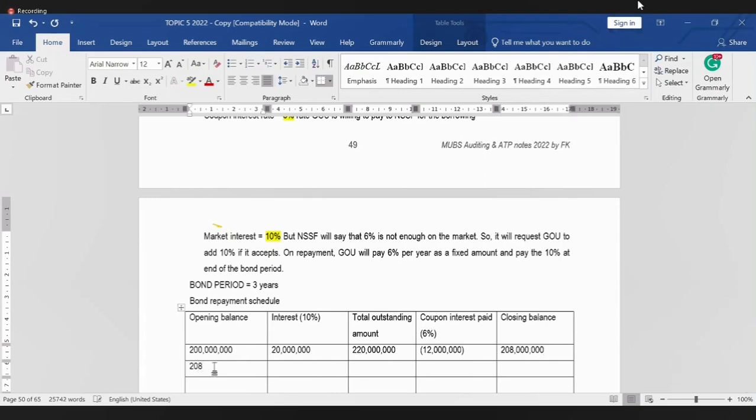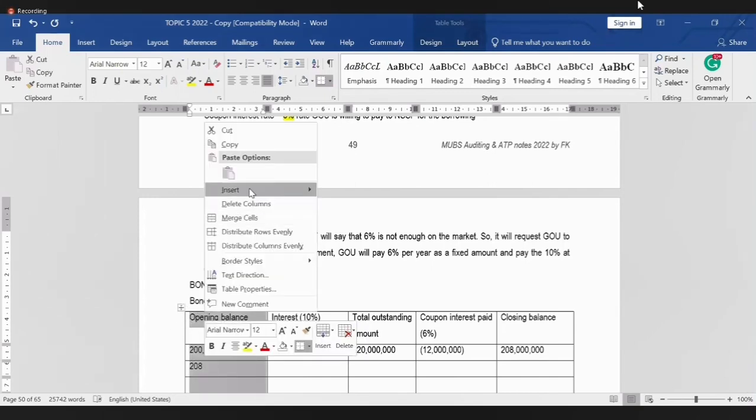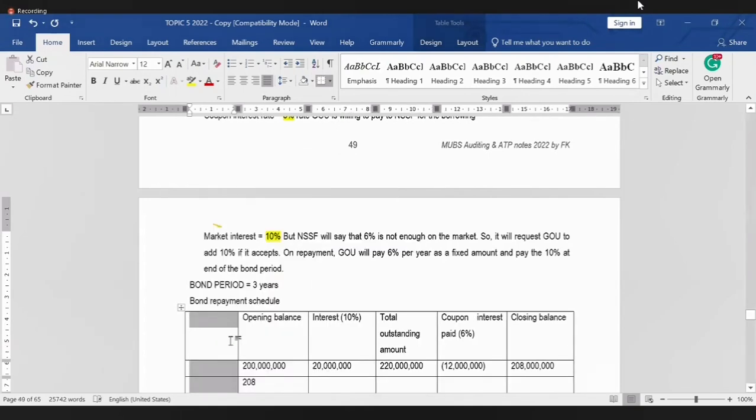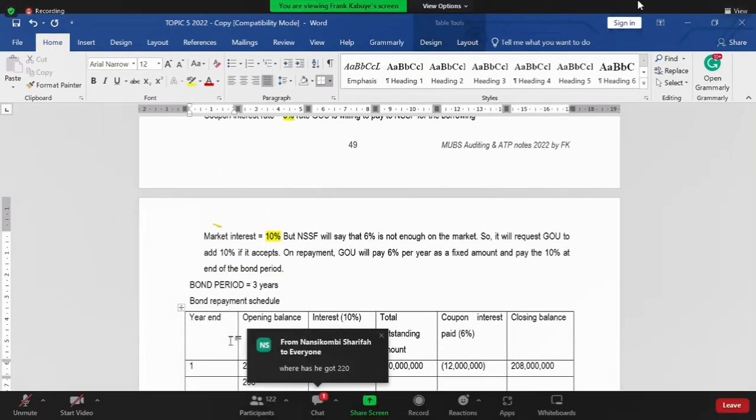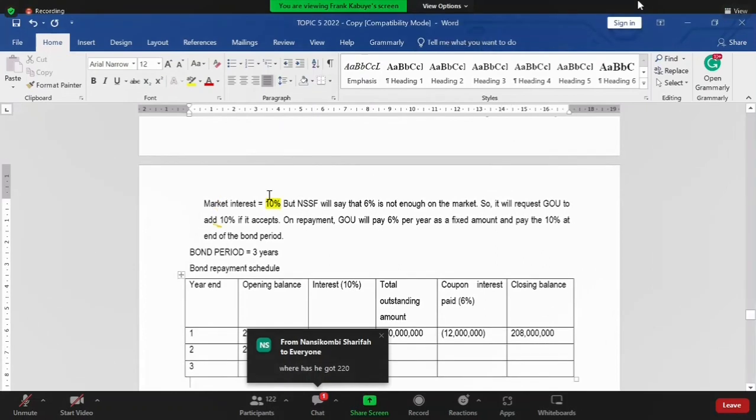They start with it in the next year, in year 2. This is year end. Year 1, 2, 3. The bond has 3 years.